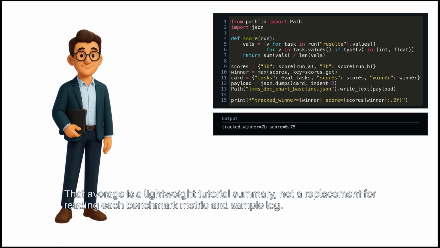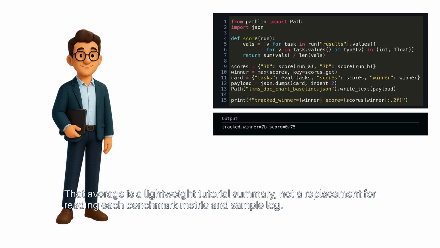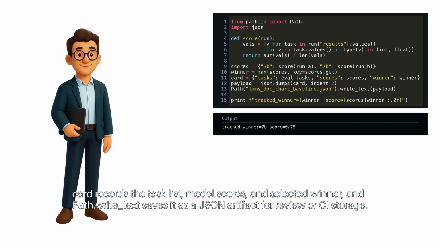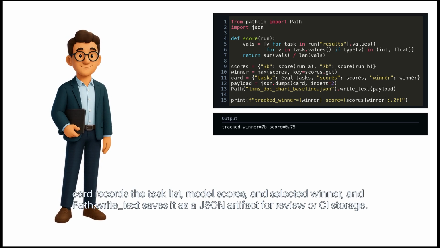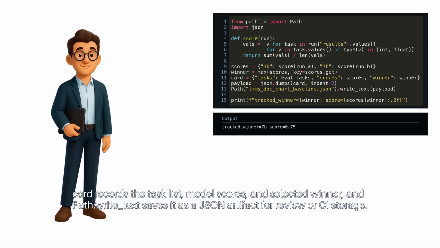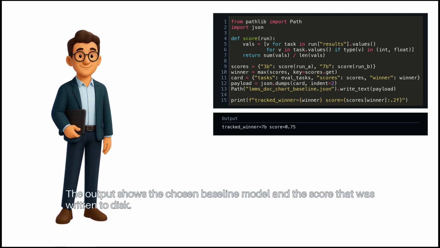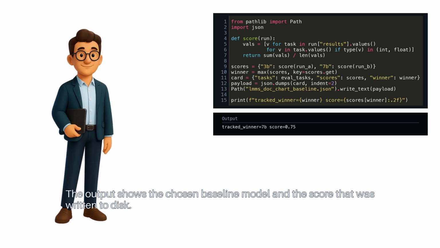That average is a lightweight tutorial summary, not a replacement for reading each benchmark metric and sample log. The card records the task list, model scores, and selected winner, and path.write_text saves it as a JSON artifact for review or CI storage. The output shows the chosen baseline model and the score that was written to disk.